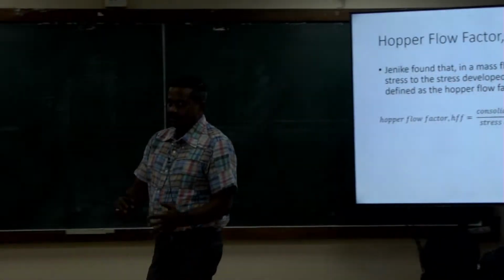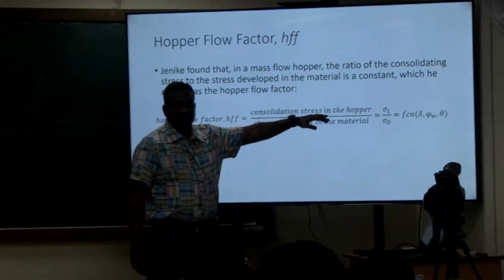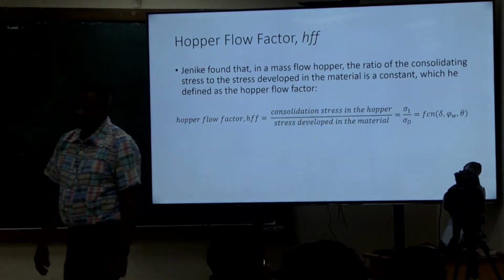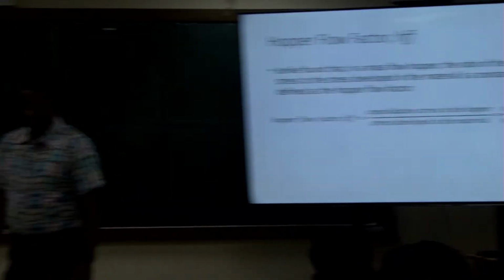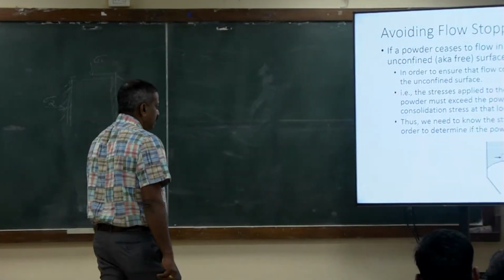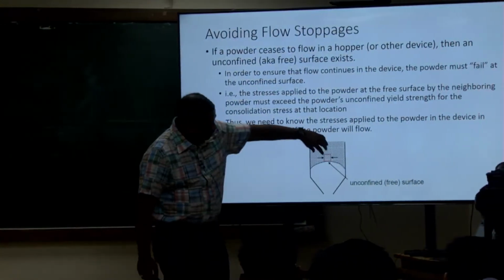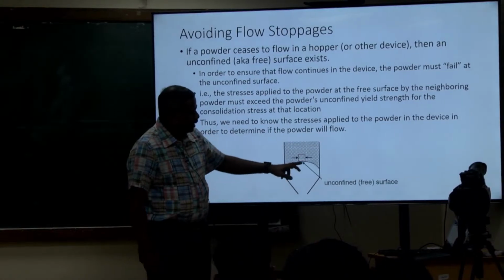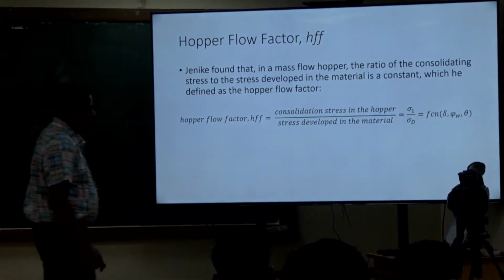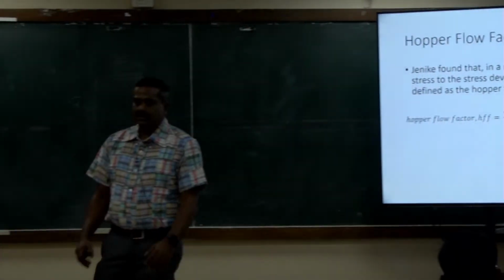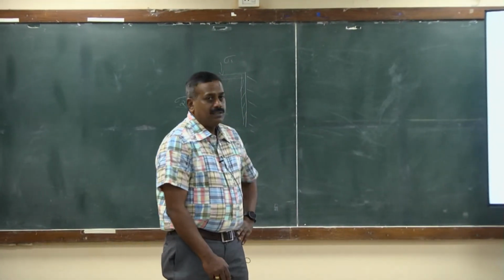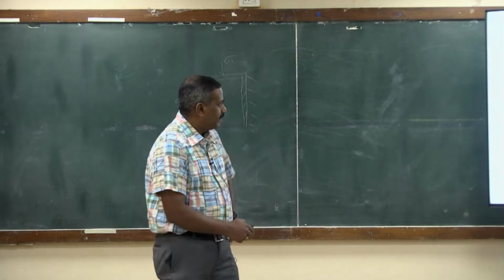So it's very similar to the material flow factor. It's from the consolidation stress and the stress developed in the material. The stress developed in the material is the stress here in that powder region, and then sigma 1 is the consolidation stress, and then how much it takes to make the material flow.